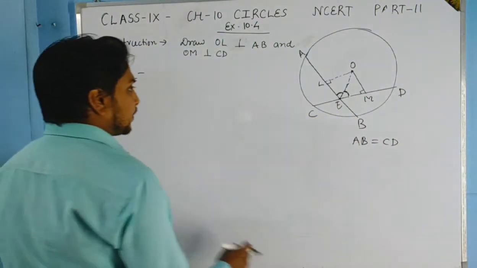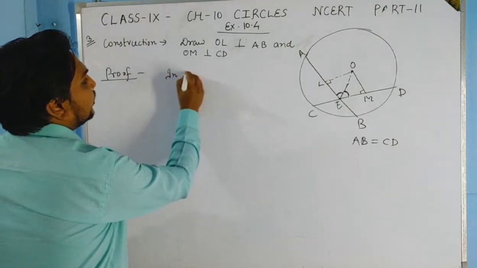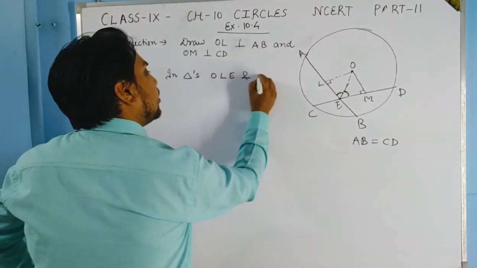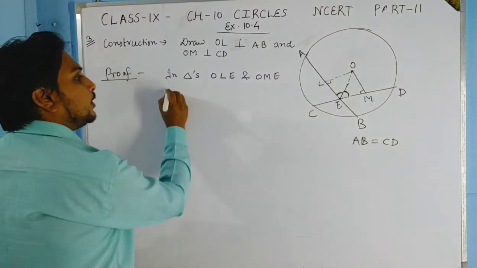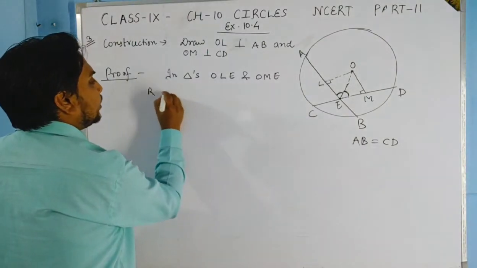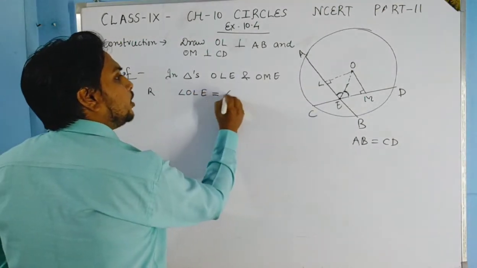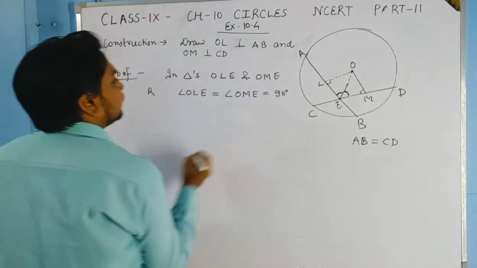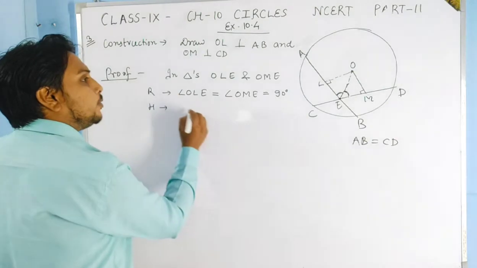So students, here you can see that in proof part we'll write that in triangles OLE and OME, the first one we'll write that right angle OLE is equal to angle OME is equal to 90 degree. Okay, H, hypotenuse is what?